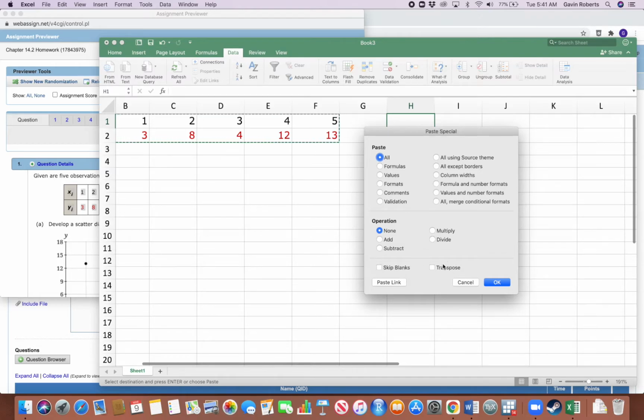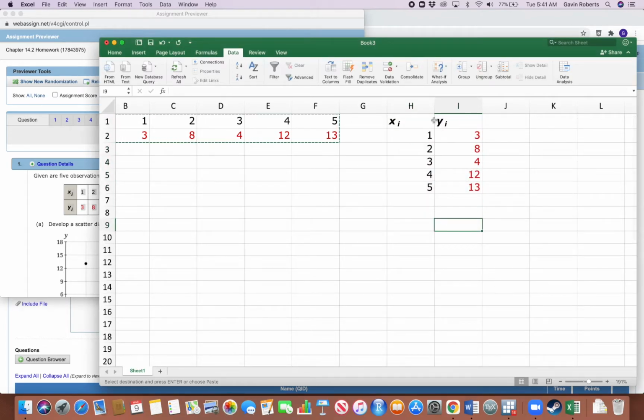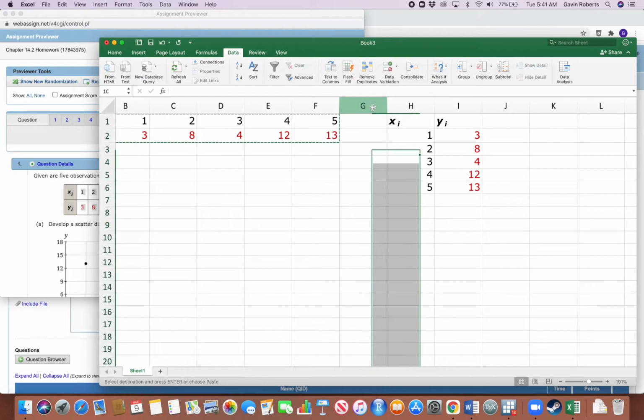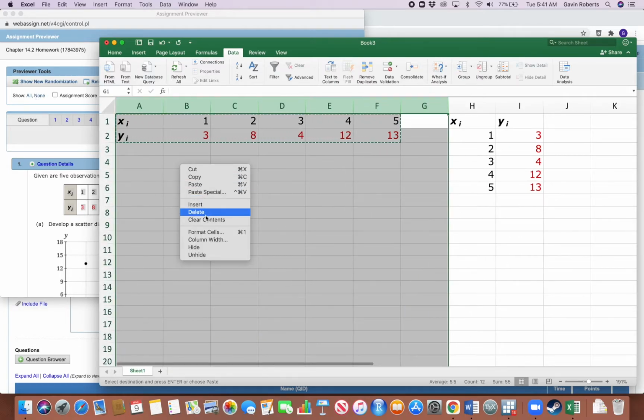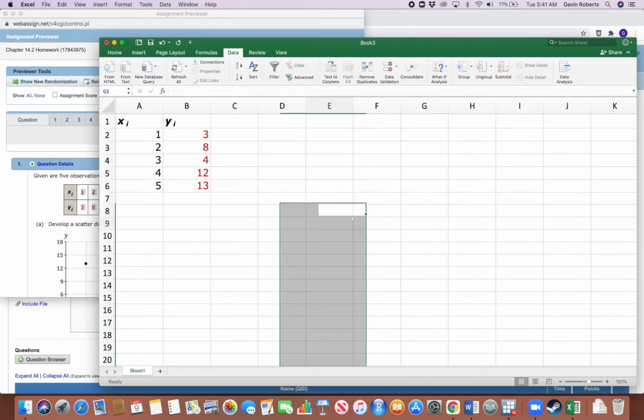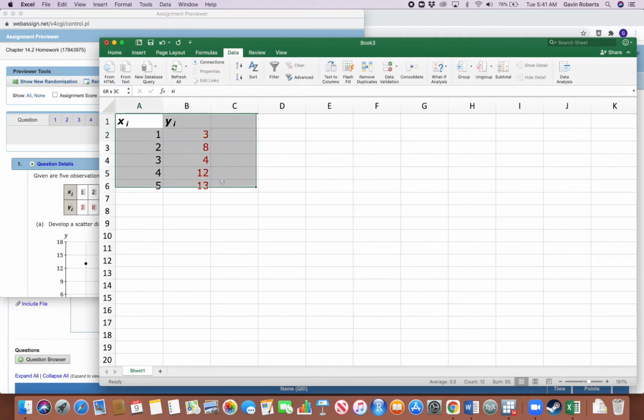But if you do paste special on a Windows machine, there will also be an option somewhere that says transpose. And if we do that, we get our data in columns. So that's the first thing we want to do because the Data Analysis ToolPak is going to expect our data in columns. So in this problem, we're estimating an equation between x and y right here.